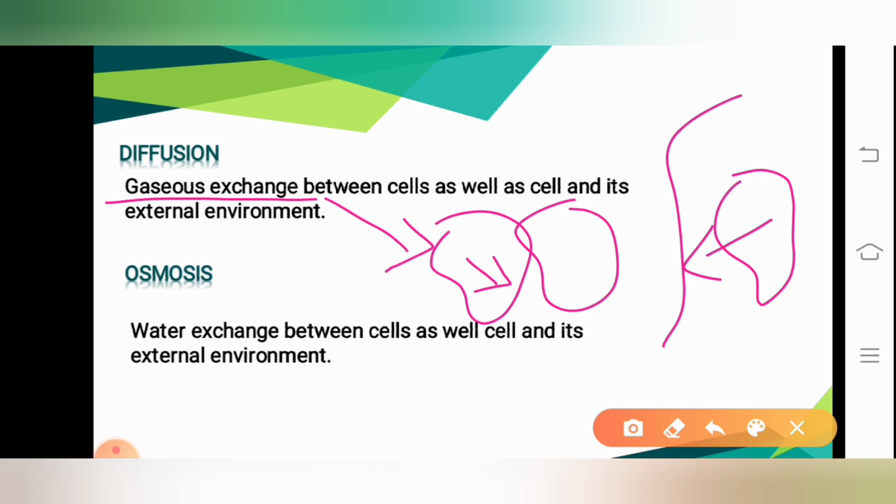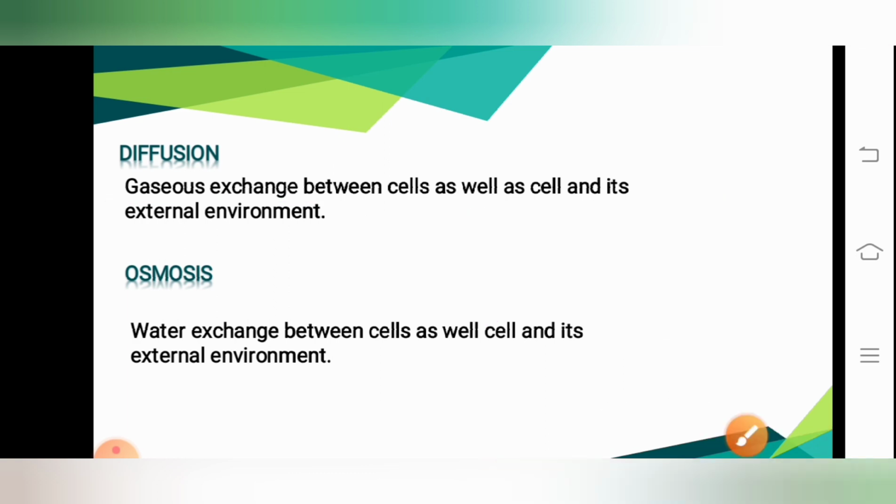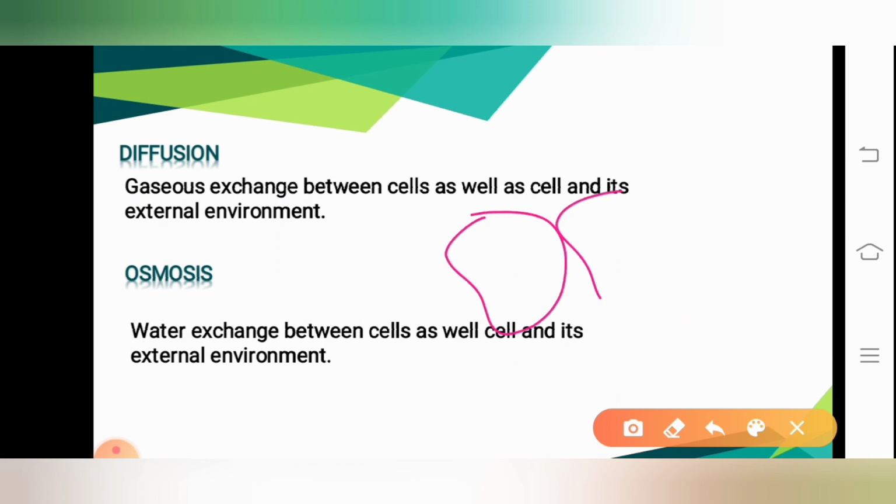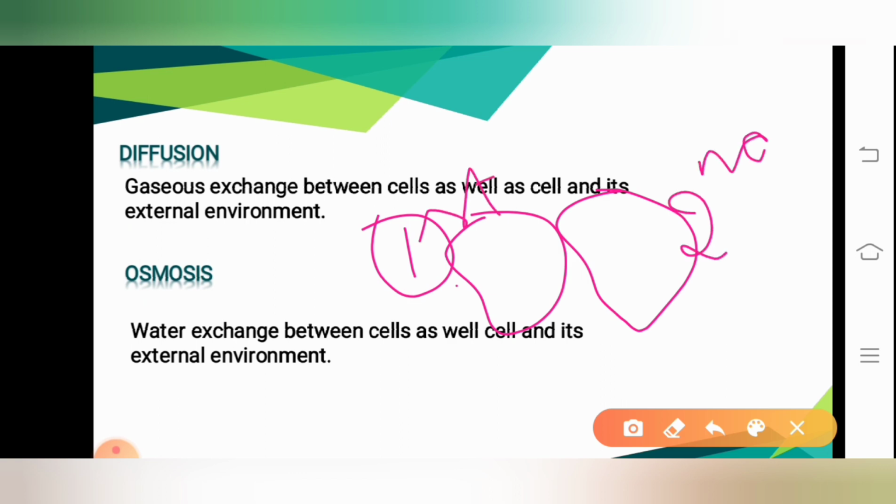How does it take place then? For example, let me take two cells, which have a difference in the variation of gases. The cell which has the higher gas concentration sends the gas to the cell which has the lower concentration. I'll show you now. Consider this as the first cell, and this as the second cell.